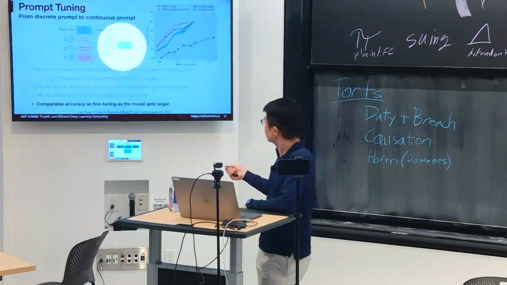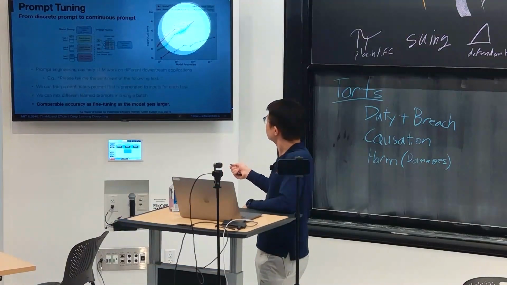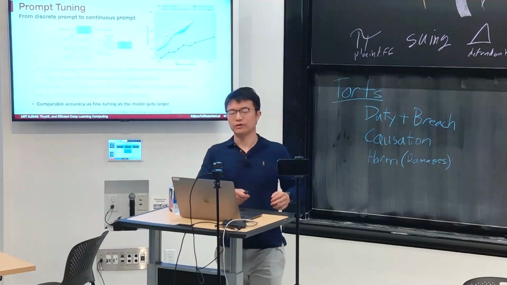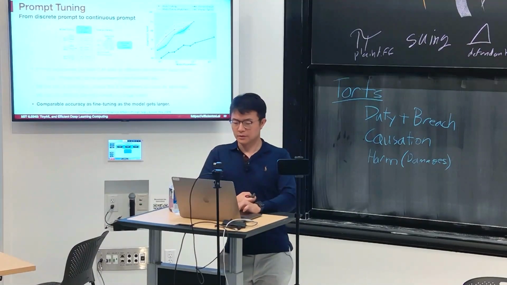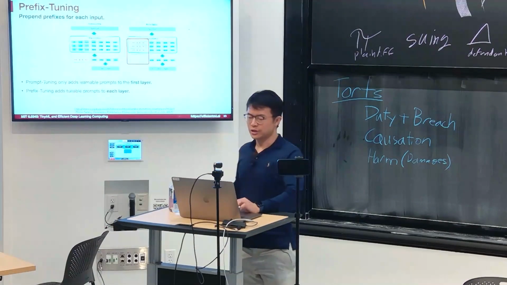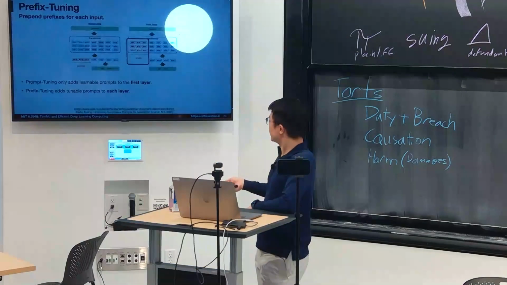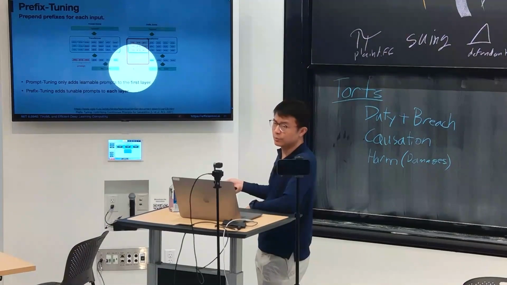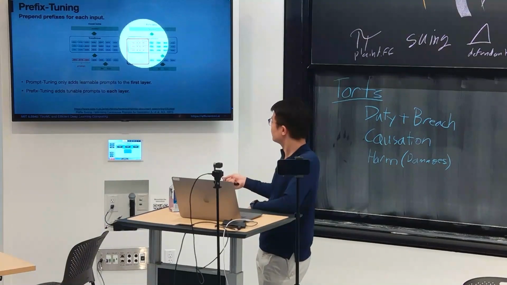Okay? So this green curve is prompt tuning, and here is the model full tuning. And here, when the model parameter is large, such accuracy is very close. So prompt tuning just tunes the prompts for the first layer. A natural extension would be, can we make the prompts tunable for each layer?